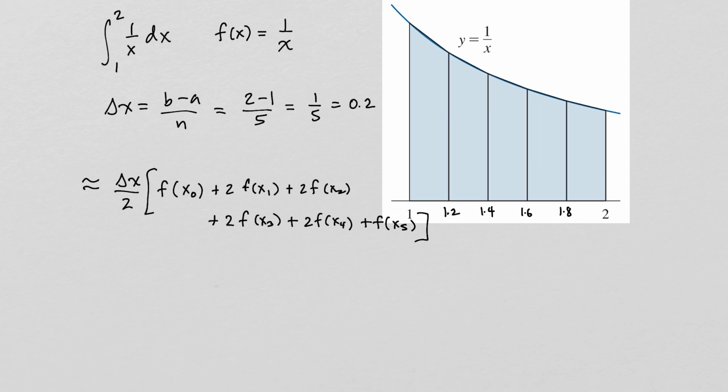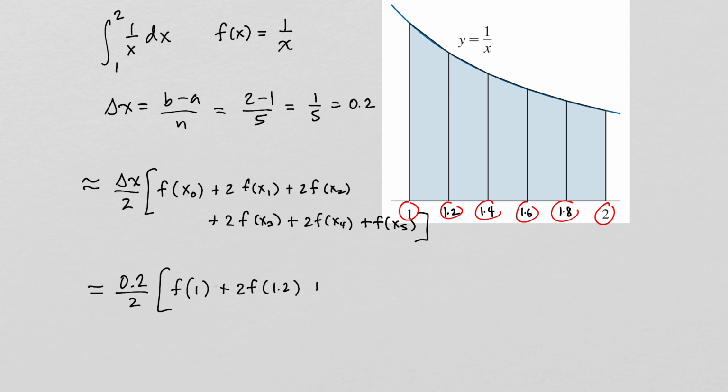So now we just need to identify what is x0, x1, x2, etc. Well, again, that's just these endpoints here. So for us, we are going to have delta x, which is 0.2, divided by 2. And then we'll have f of 1 plus 2 times f of 1.2 plus 2 times f of 1.4 plus 2 times f of 1.6 plus 2 times f of 1.8 plus finally f of 2.